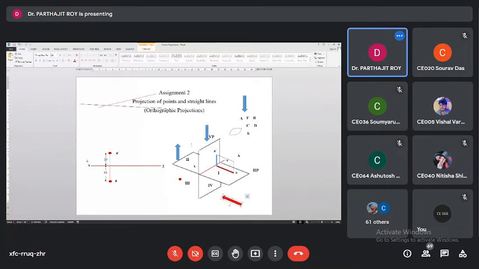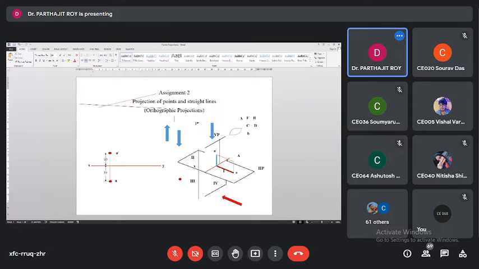Yes or no? Am I correct? Not understood? This is the direction of your top view, isn't it? And this is the direction of the front view, the red color line, arrow, front view.